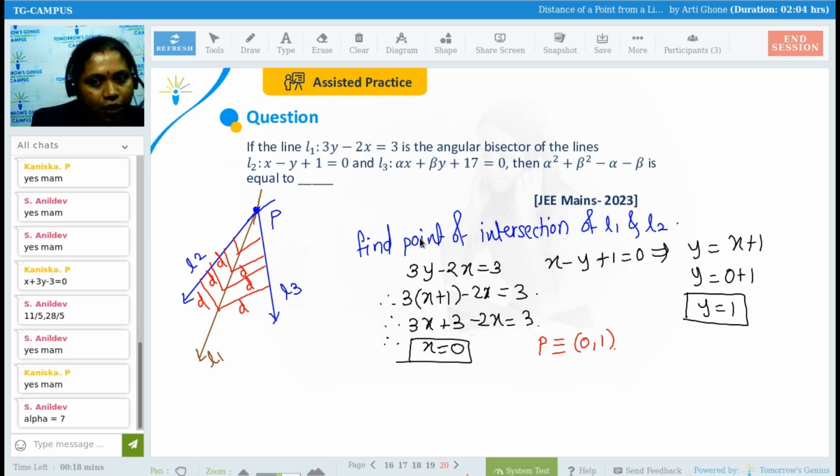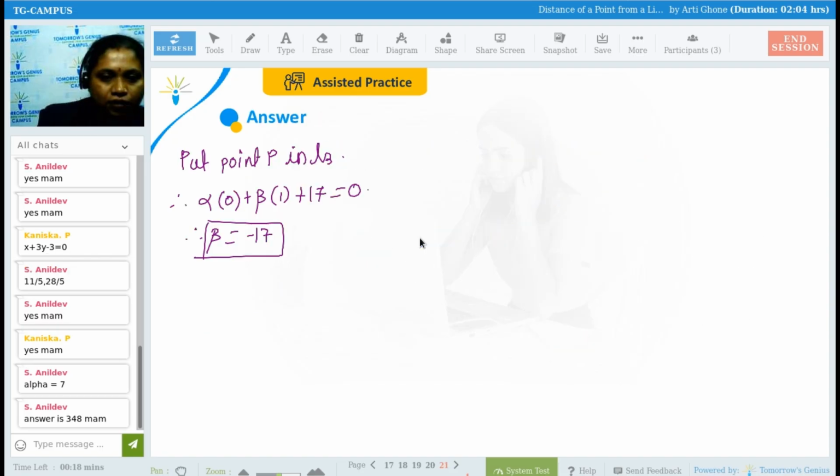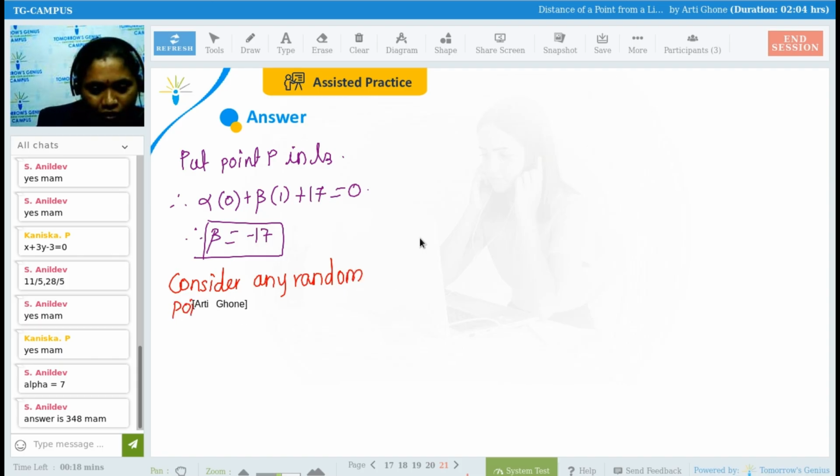It is minus 3 by 2. Getting the point with y is equal to 0 is easier, no? Oh, you are done with the answer. Consider any random point. You are so talented. Consider any random point on L1.